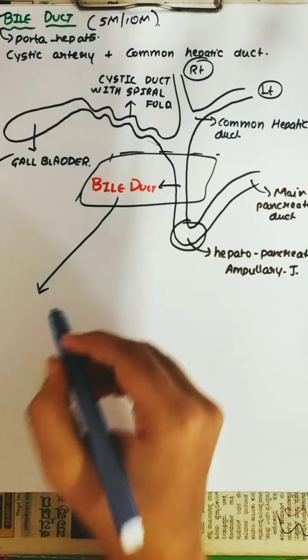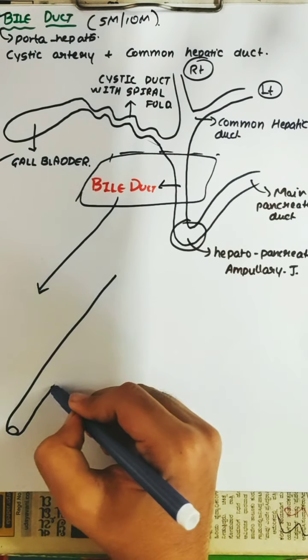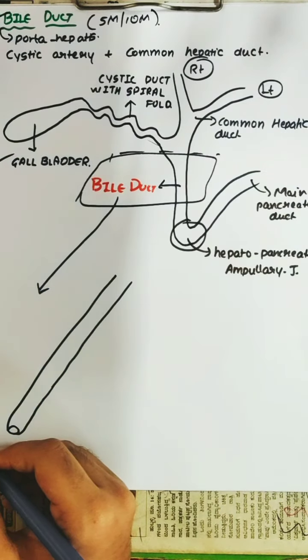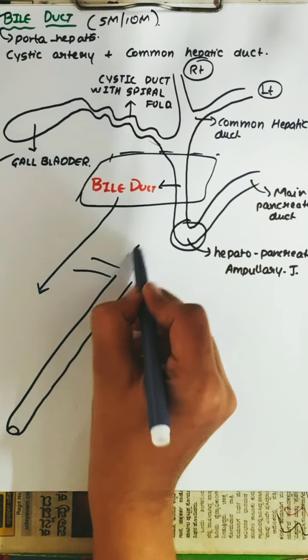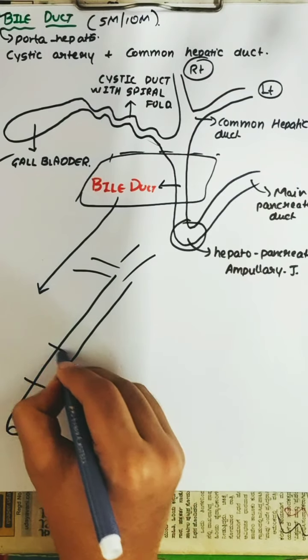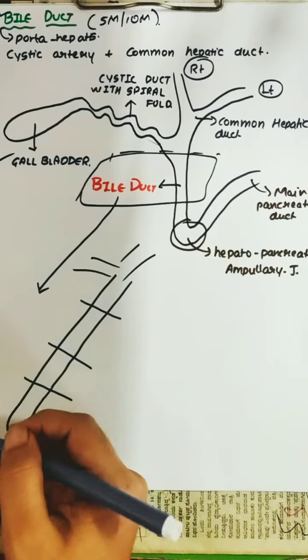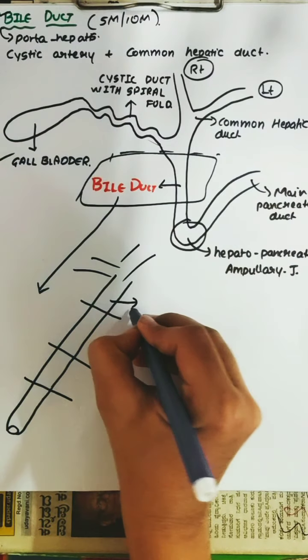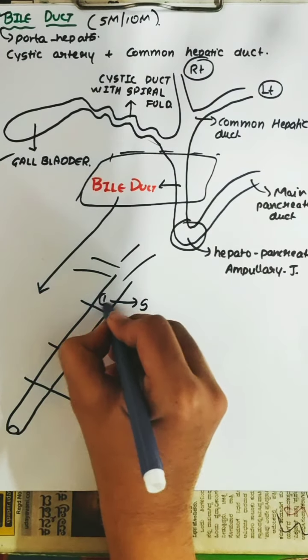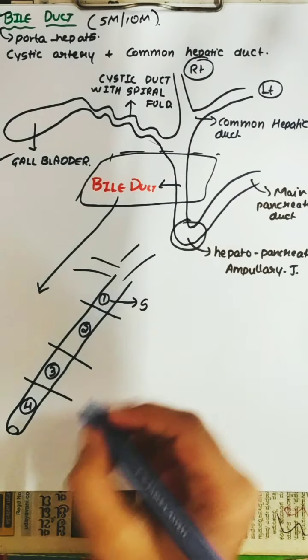The bile duct is divided into, okay, this is just a rough diagram, 4 main parts. This is part 1, part 2, part 3 as well as part 4.